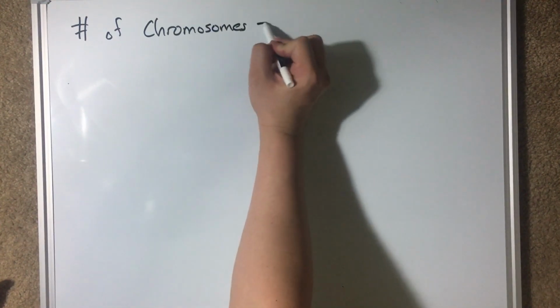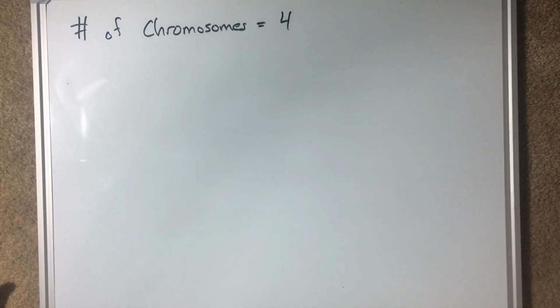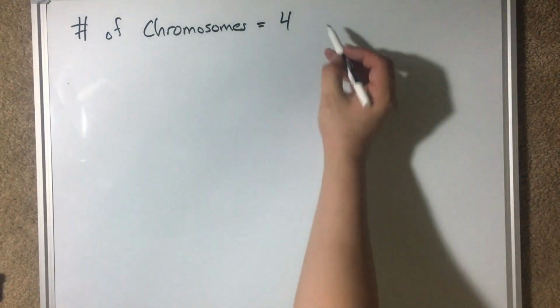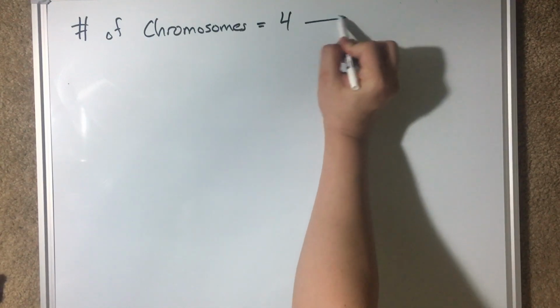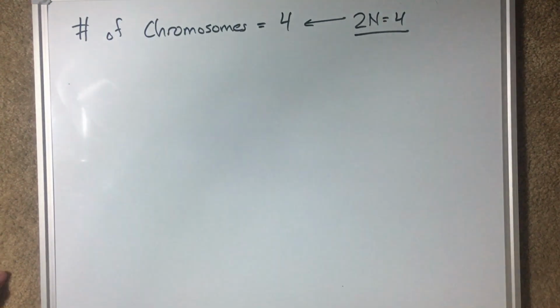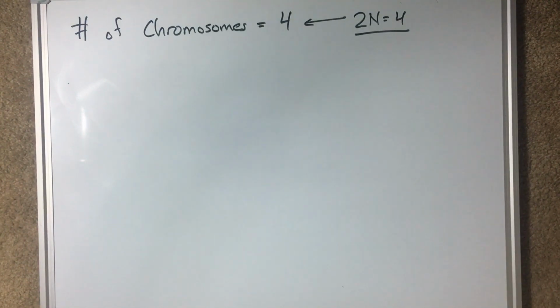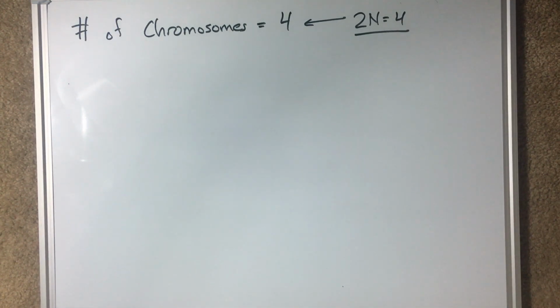The number of chromosomes, in this example, is going to be 4. Now, you might see this number 4 written as 2n equals 4. No problem. But just keep in mind that some of your instructors may use 2n equals 4 instead of just saying the number of chromosomes is 4.